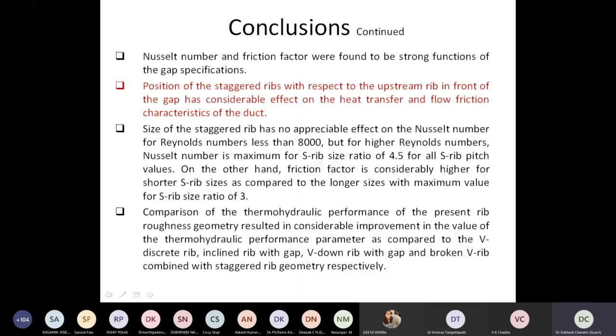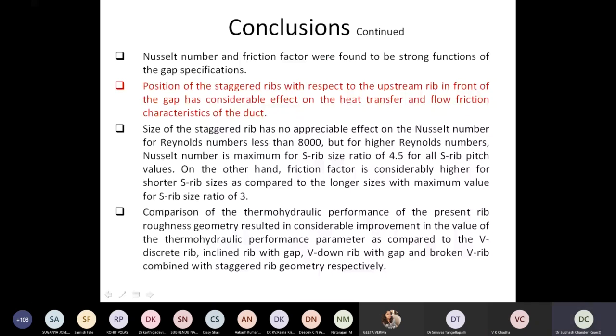It's one of the slides that I hurriedly went through. In the last summary of this case study, comparison of the hydraulic performance of the present rib roughness geometries resulted in considerable improvement in the value of the thermal performance parameter, which is the more authentic way of giving the recommendation of a certain enhancement technique for a certain application.